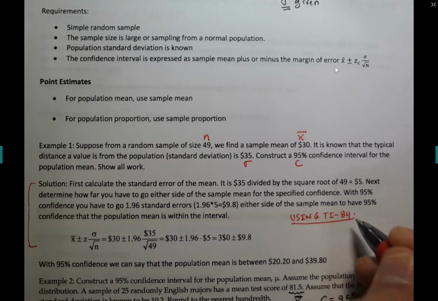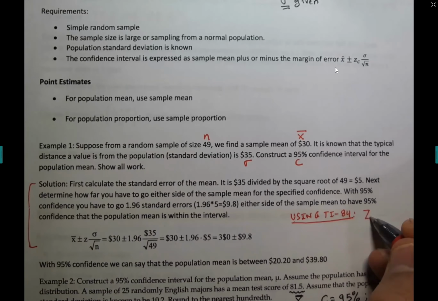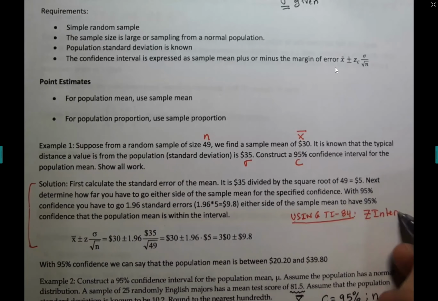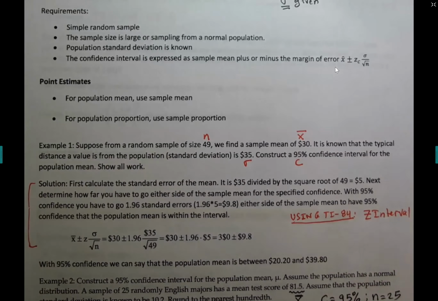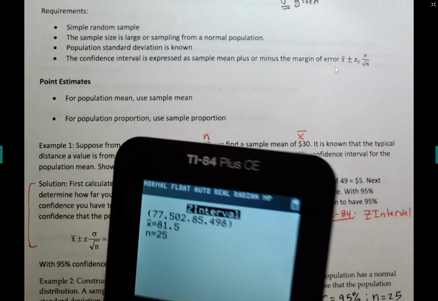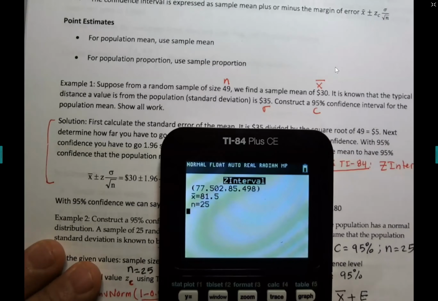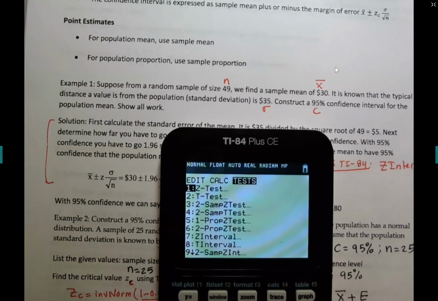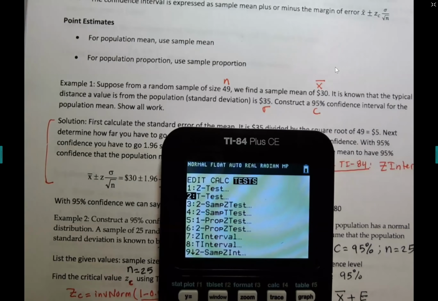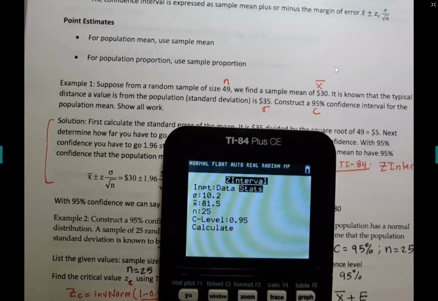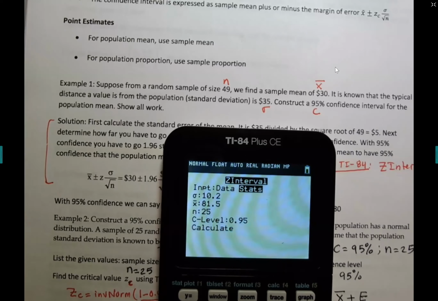I did it, I'm showing you the work here. I'm gonna use the TI-84 right there, because we don't have time anyway to go through this. Okay, so it's gonna be Z interval, guys, just to remind you. Ready? Let's do it together. So you go stat, tests, Z interval, not Z test, not yet. And then let's input. Sigma is 35.